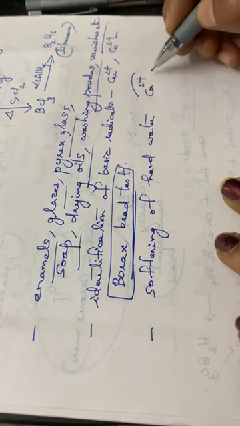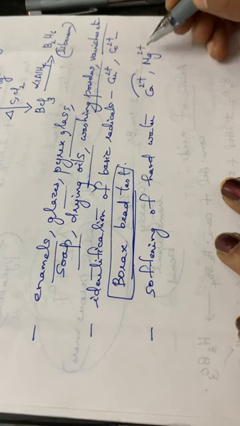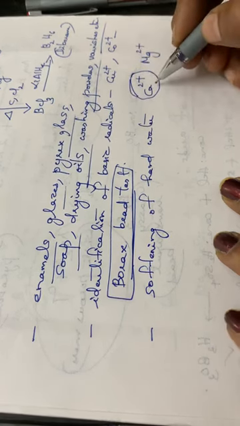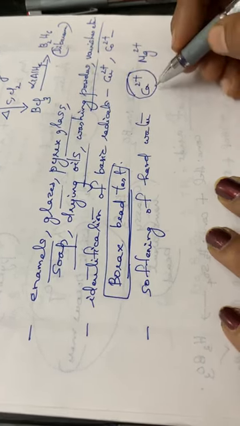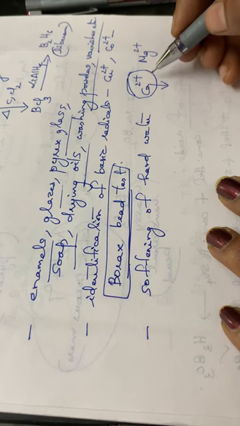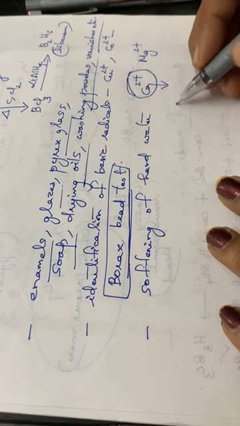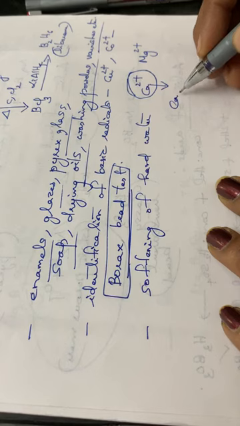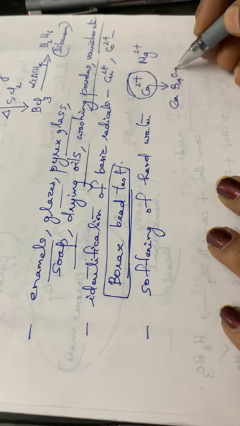Borax reacts with the Ca2+ ions, and the Ca2+ will be replaced, precipitating as CaB4O7.